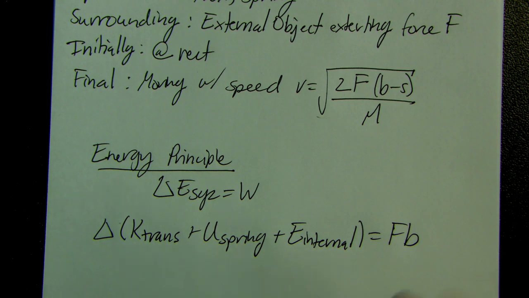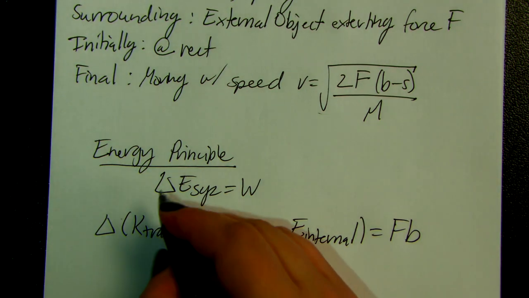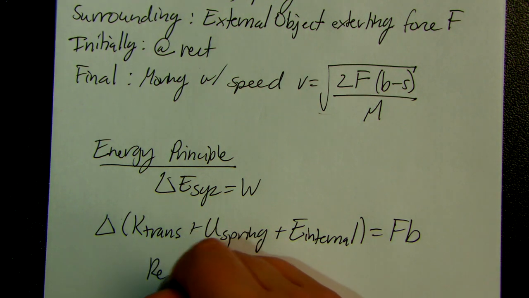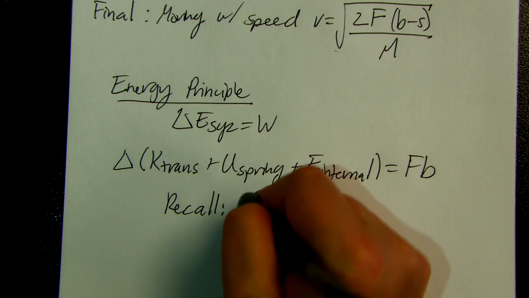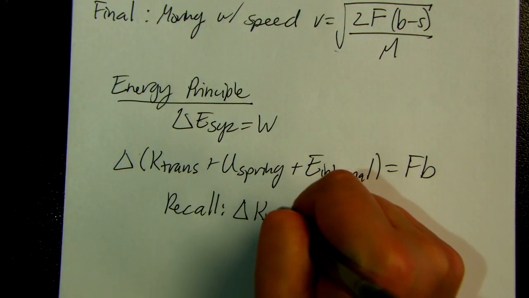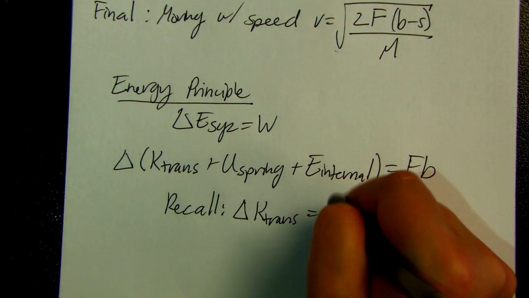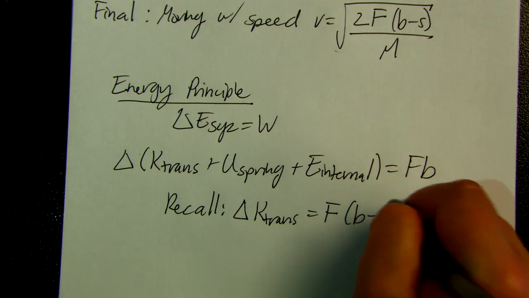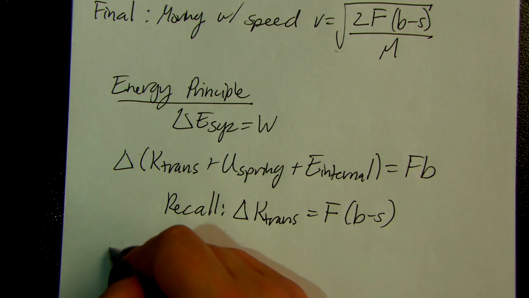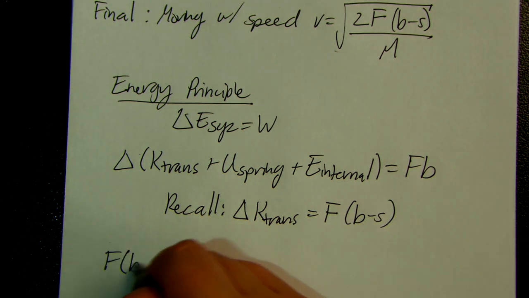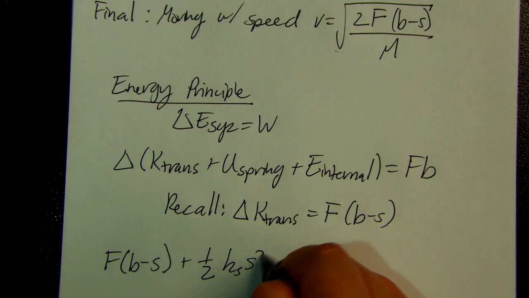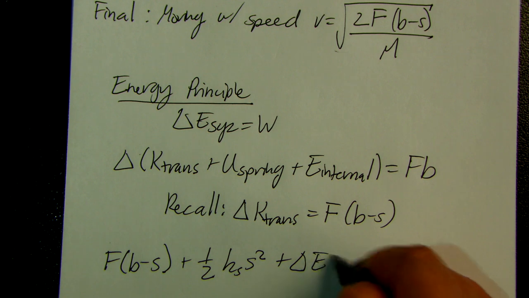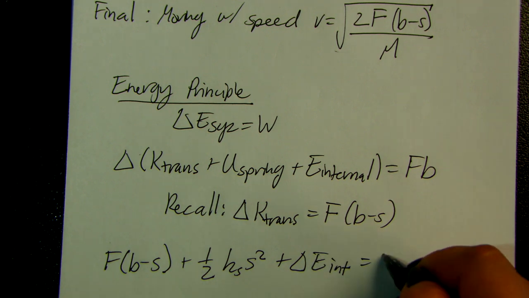So the force is being applied to the box over distance b. And if you recall, the change of translational energy is equal to F(b minus s). So we have F(b minus s) plus 1/2 Ks s squared plus delta E internal is equal to Fb.